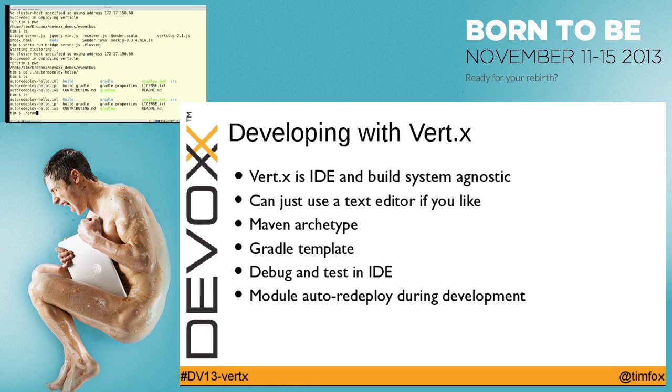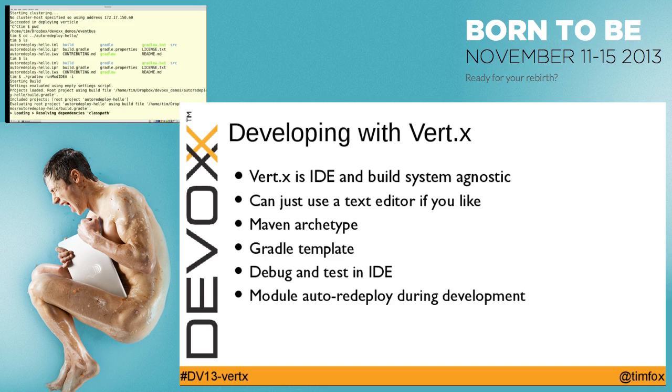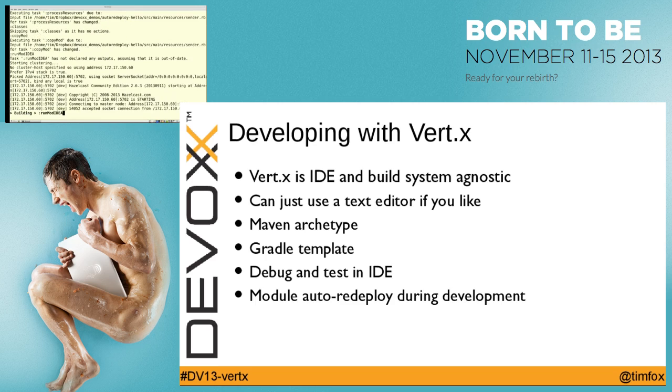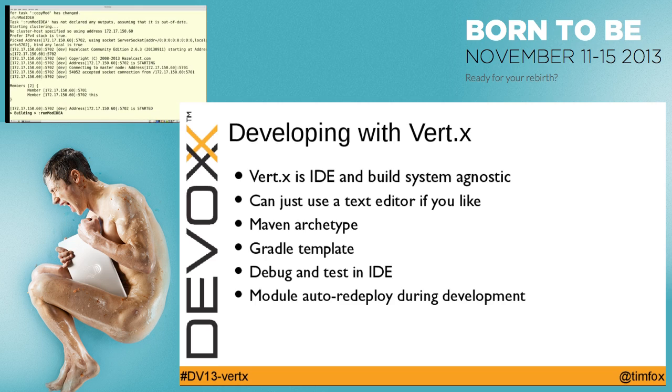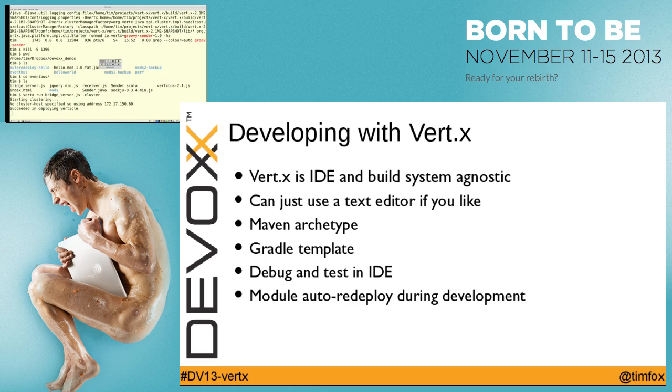So let's do that now. Gradle run mod IDEA -i, because otherwise Gradle will swallow all the output. Okay, it takes a little while for Gradle to start up and do its stuff. Okay. So let's go to our browser.